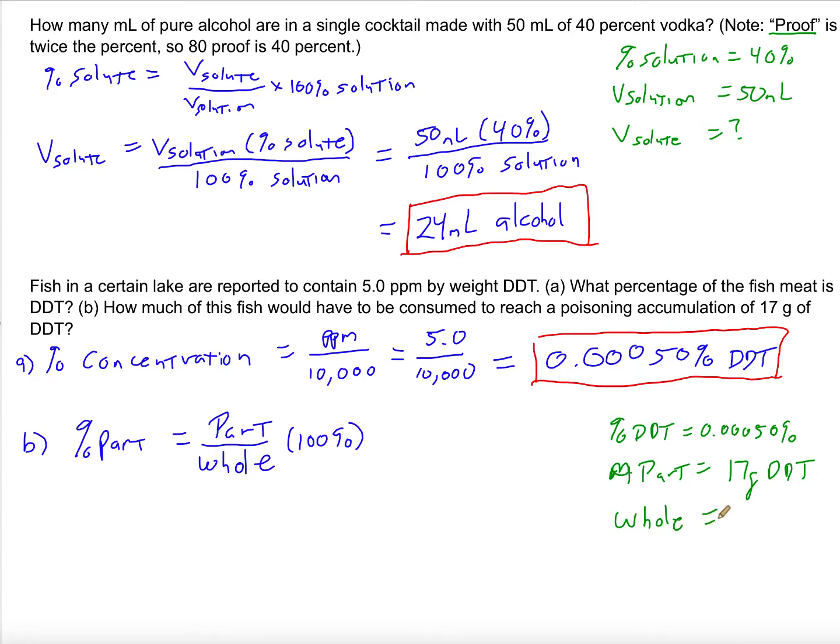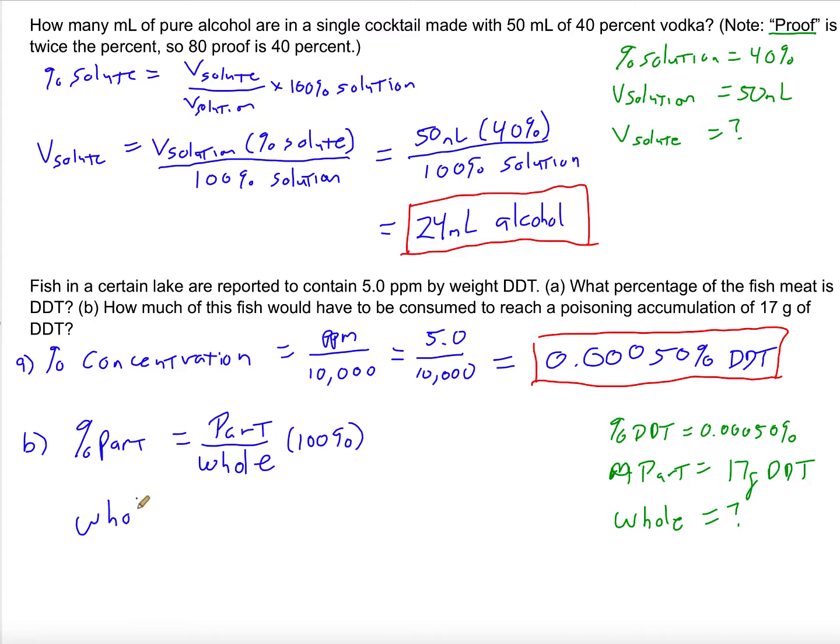How much fish needs to be consumed to get those 17 grams of DDT. So we know what the part is. That is the poisoning amount of DDT, and we want to know how much we have to consume to be able to get that. So we're going to have to rewrite this equation so that we can find the whole.